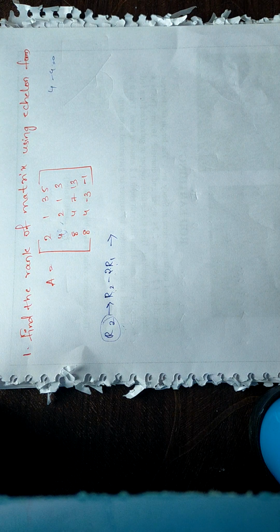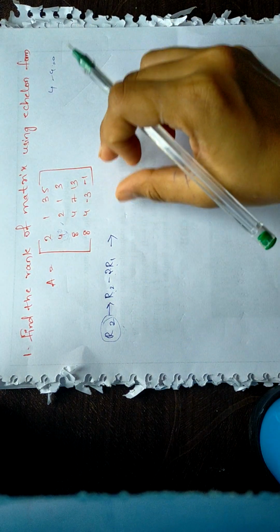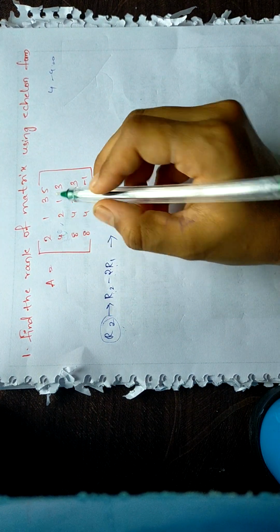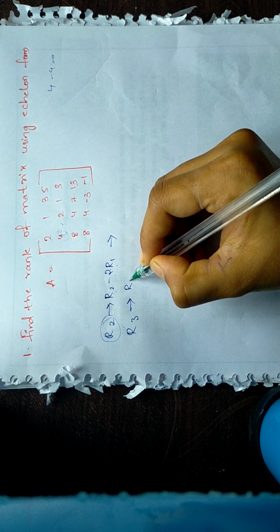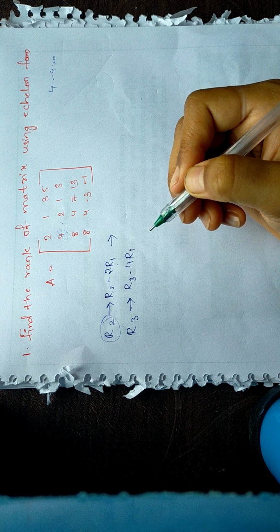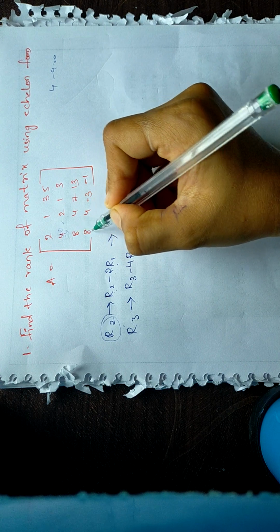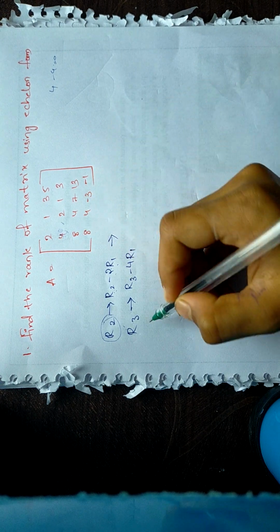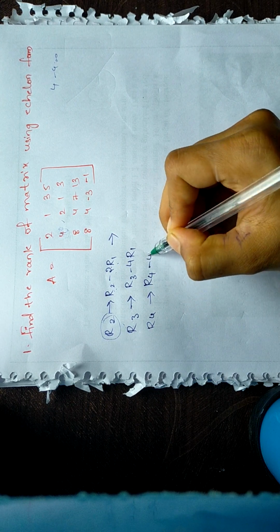I want to make multiple operations at one time, so you can write all these and find the new matrix. R3 I will update with R3 minus 4 R1. Why am I doing this? I'm making this element 0. Similarly I'll make this element also 0. R4 is updated with R4 minus 4 R1.